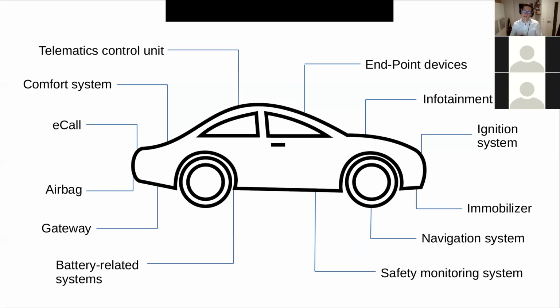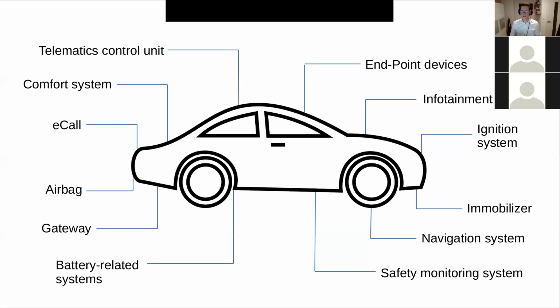And the gateway is kind of a translator for those components. So it gets information from another component that communicates, for example, using the CAN bus, to another component that's, for example, only able to speak the LIN bus. So the gateway is kind of a middleman between those components.